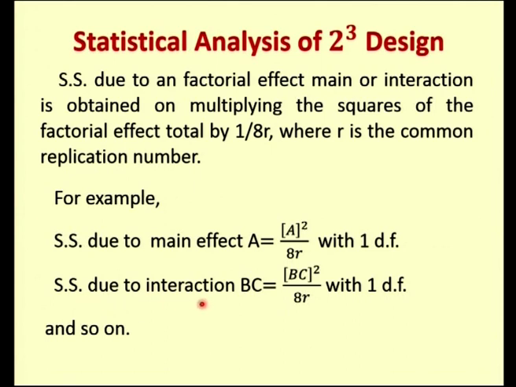And the sum of squares due to interaction effect BC is defined as the square of the factorial total due to the effect BC divided by 8R, and it also will have 1 degree of freedom, and so on.